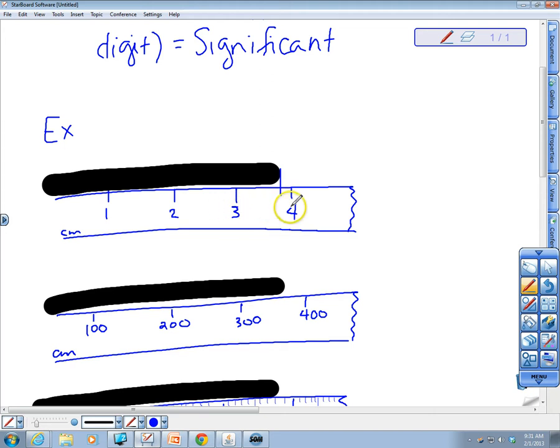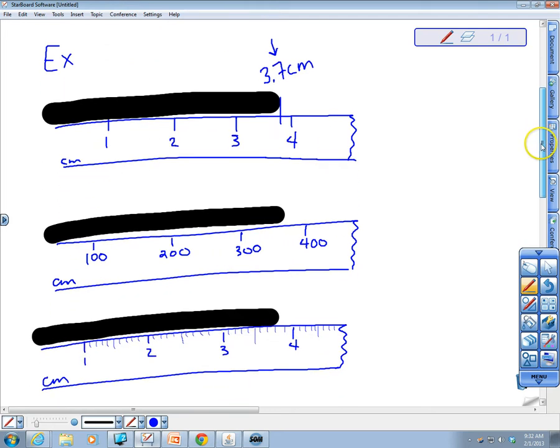I'm going to estimate that this is about 3.7 centimeters. If you were to read it, you might estimate 3.8 or 3.6, but it's going to be somewhere in that range. This last digit of a number is always an estimated digit. You're always going to read everything you can, and then estimate one more.